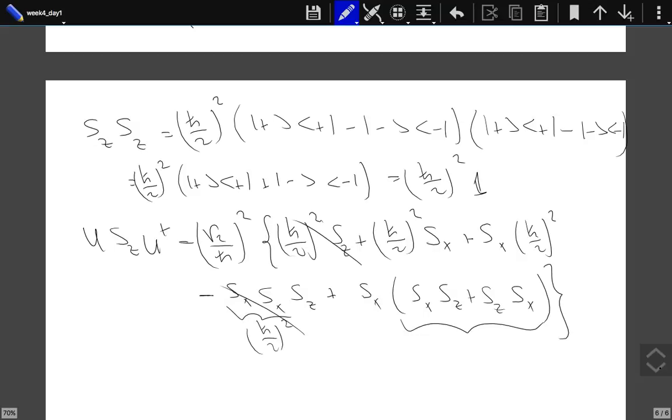Kronecker delta. Kronecker delta of what? Kronecker delta of 1 and 3, which is 0. So this is 0.